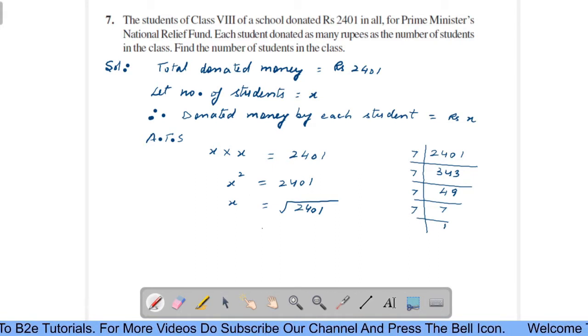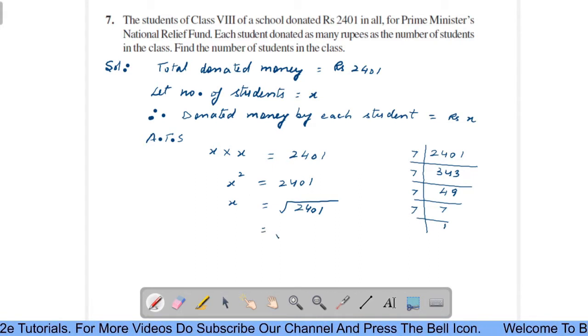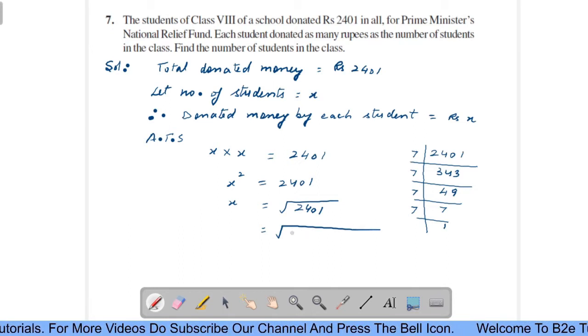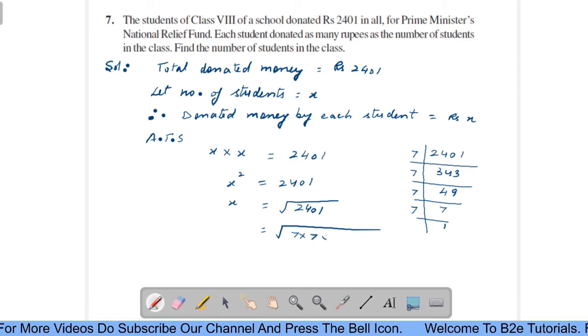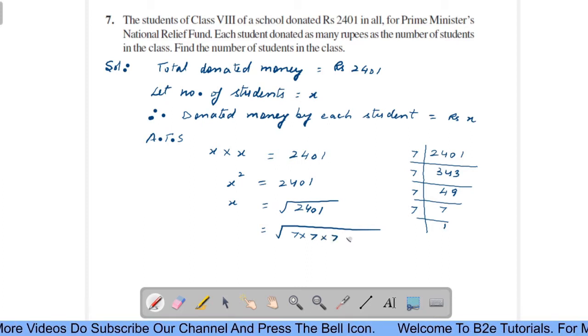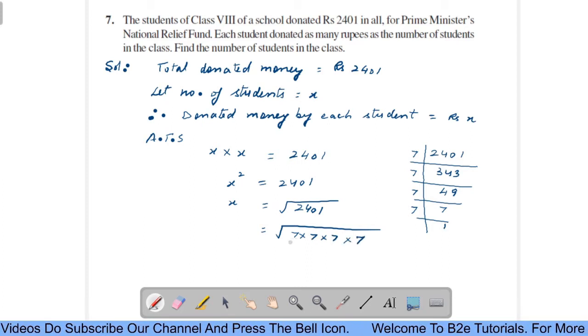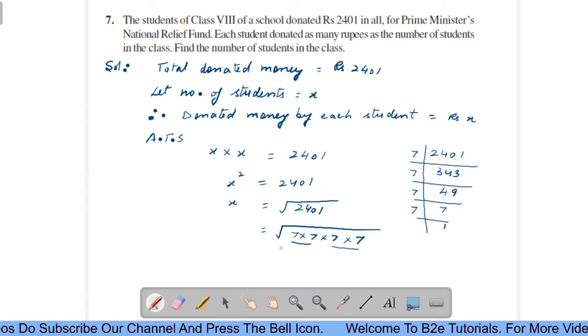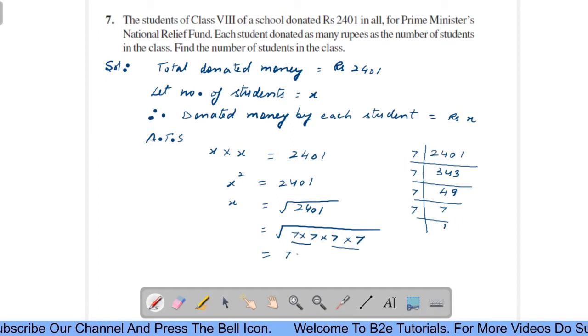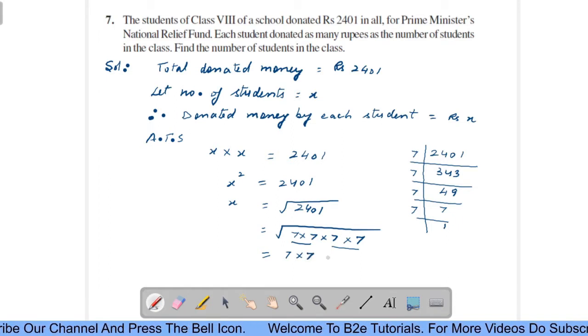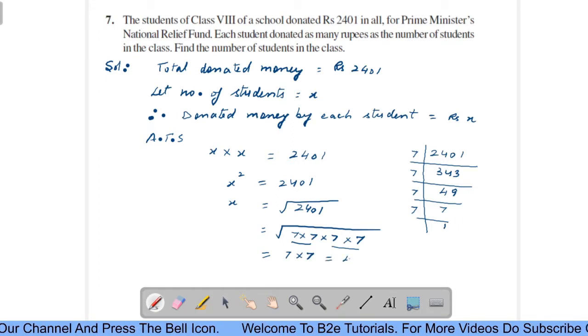Therefore this can be written as square root of 7 into 7 into 7 into 7. Now make pairs of 2 and take one number from each pair, that is 7 into 7, that is 49.